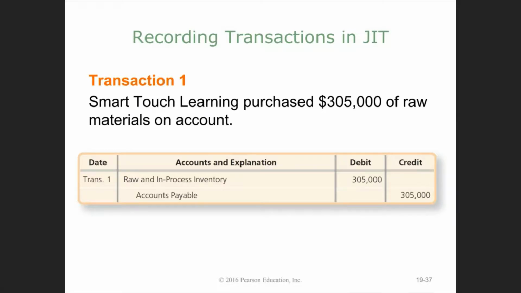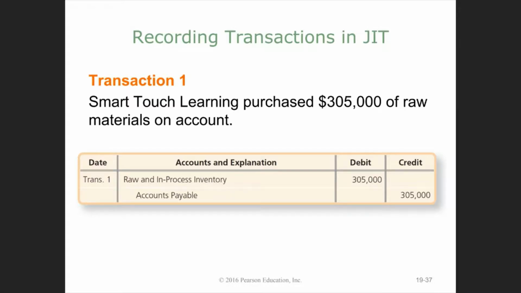So if you have a question where they're asking you to journalize and they're telling you that the company uses just in time and they purchased $305,000 in raw materials, you're going to debit your raw and in-process inventory. It is not raw materials inventory. For just in time, it is not raw materials inventory. So make note of that.